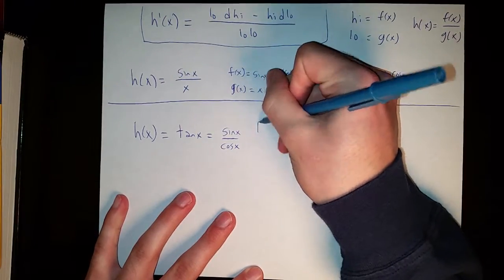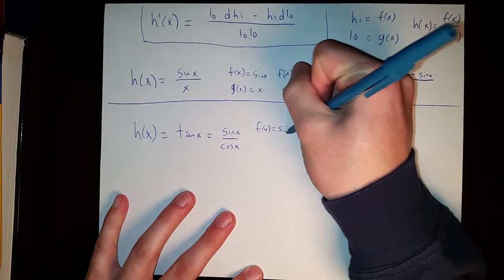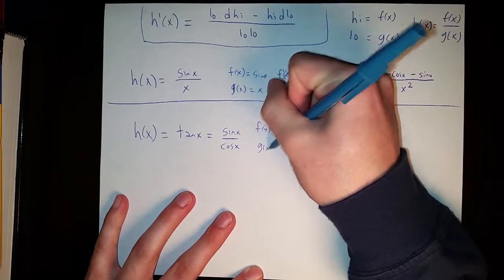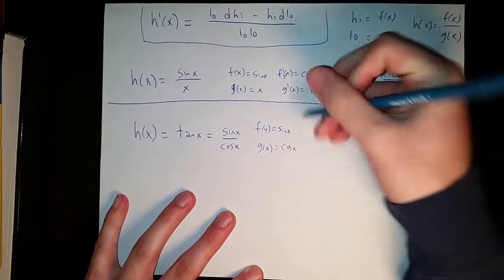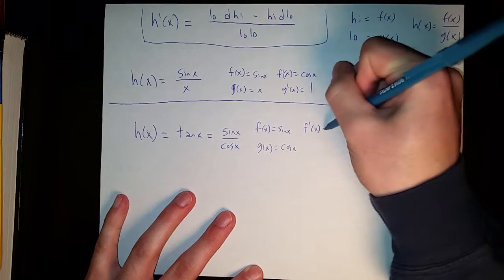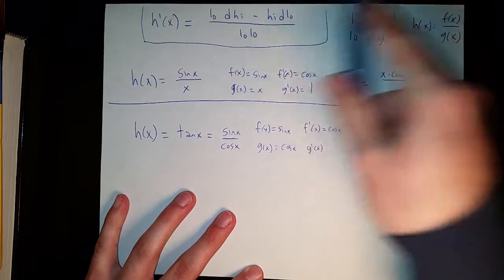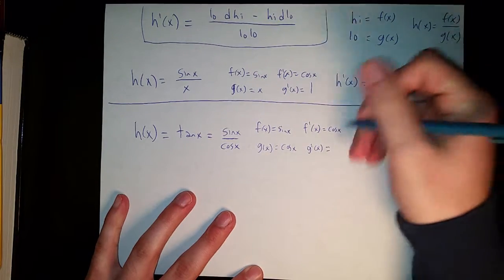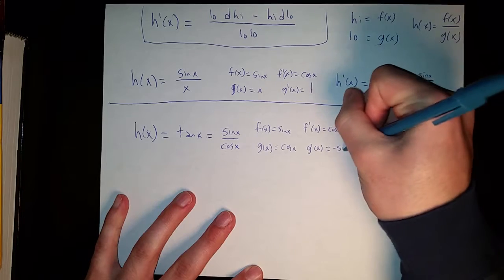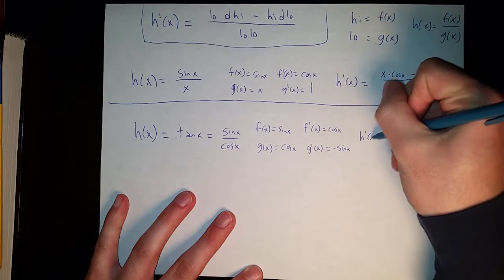So f of x equals sine, g of x equals cosine. Take the derivatives because we need them for this, and throw it in the equation.